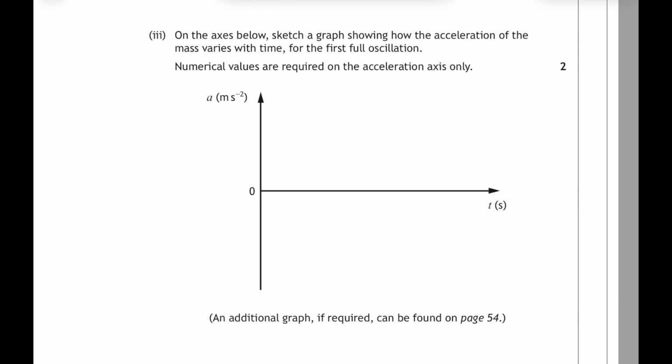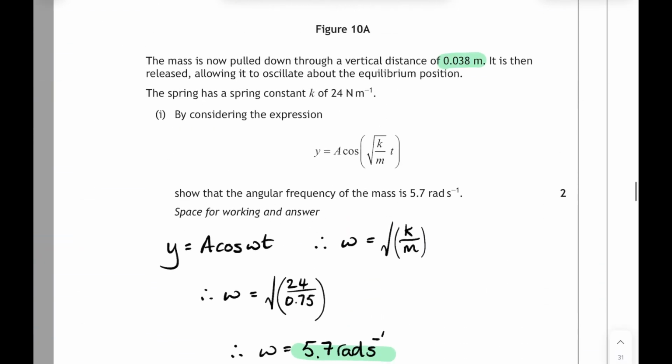And in part 3, on the axis below, sketch a graph showing how the acceleration of the mass varies with time for the first full oscillation, and numerical values are required on the acceleration axis only. Well, we've just worked out what that acceleration is, and it's plus or minus 1.2 meters per second squared. So let's put them on the y-axis. And remember, the acceleration is a maximum at the extremities.